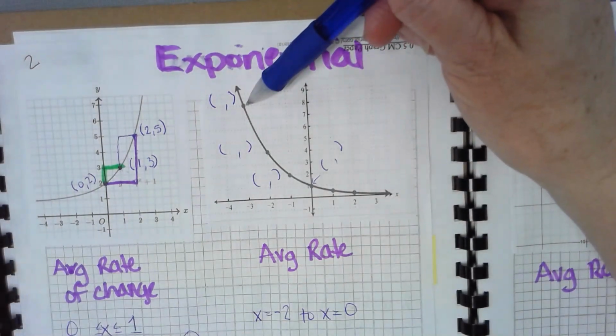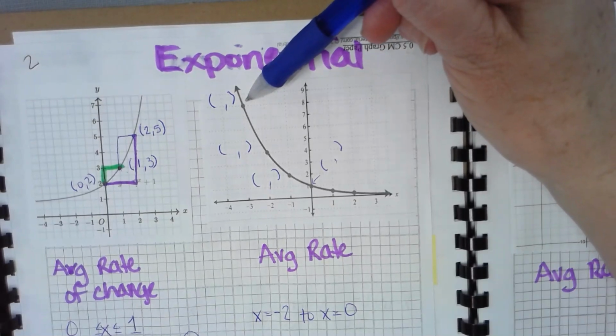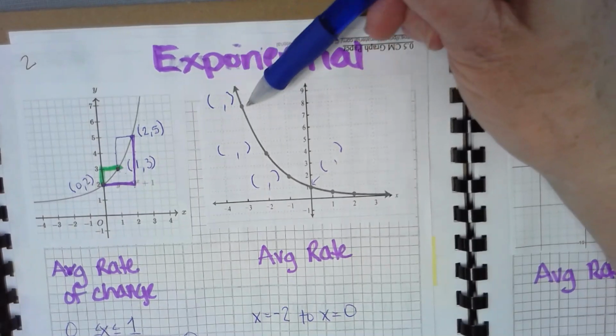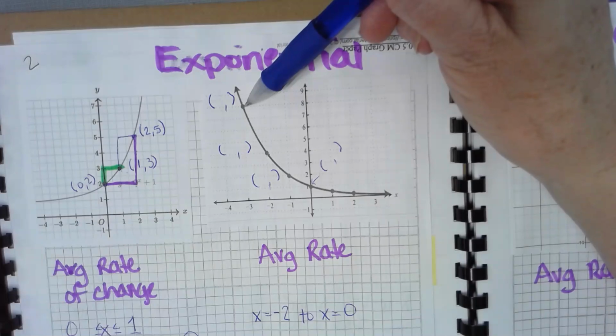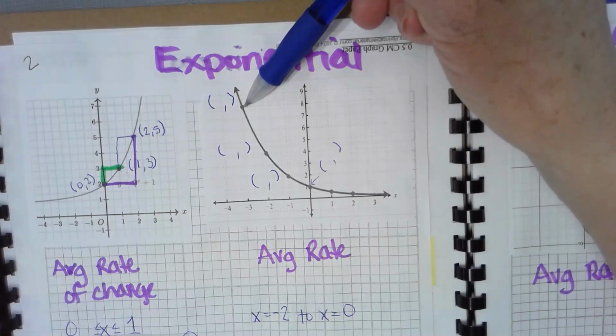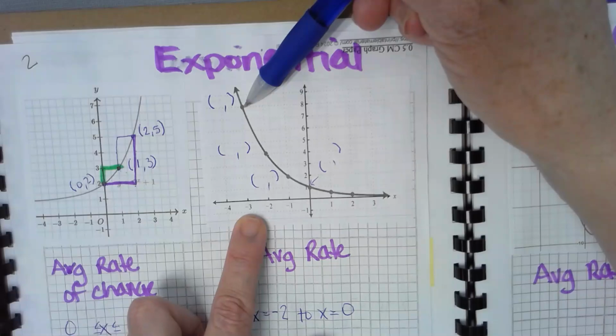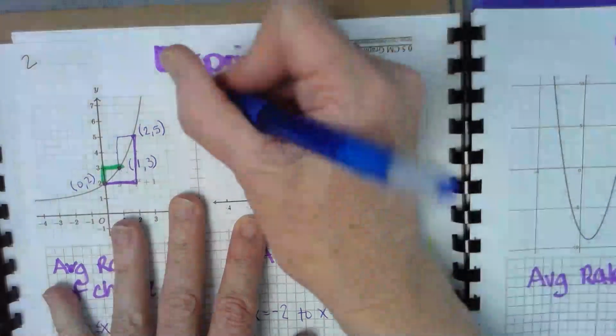So this one right here. Bryson, what is the ordered pair here? I want the ordered pair. -3, 8 is this ordered pair.